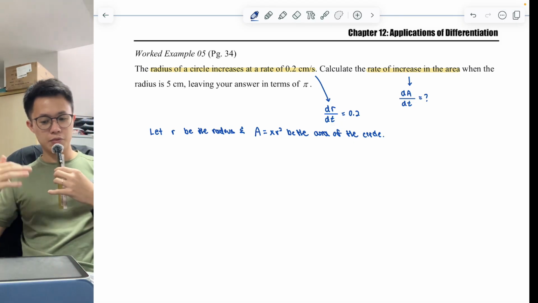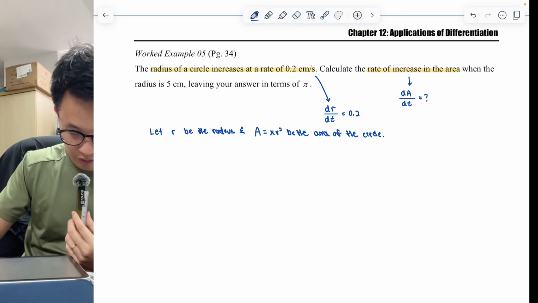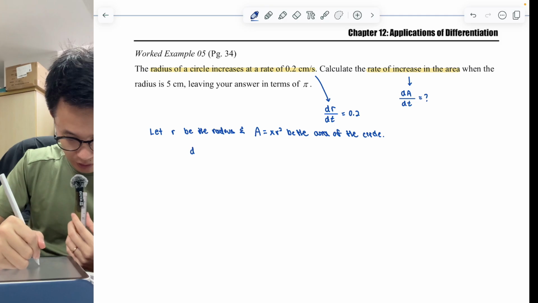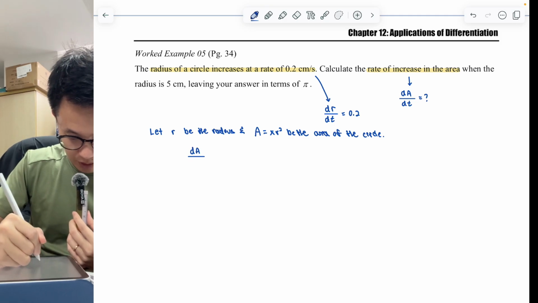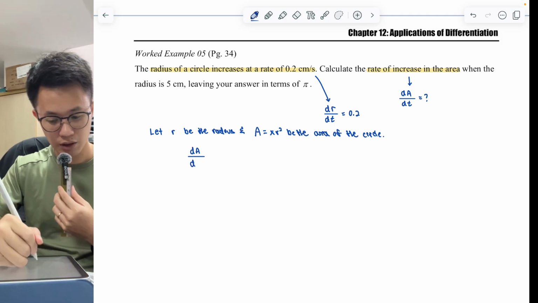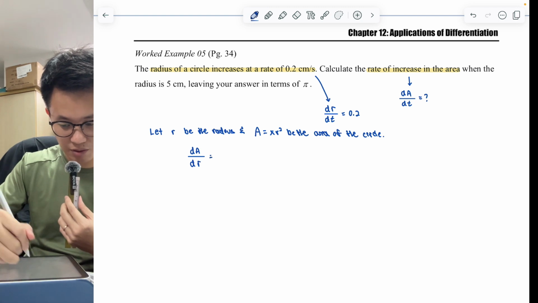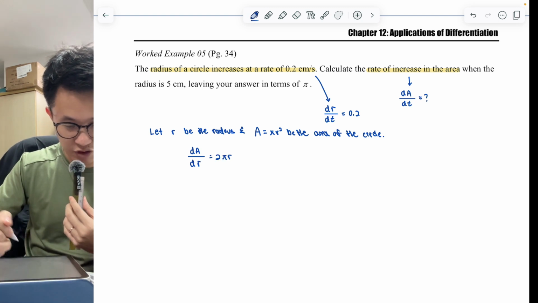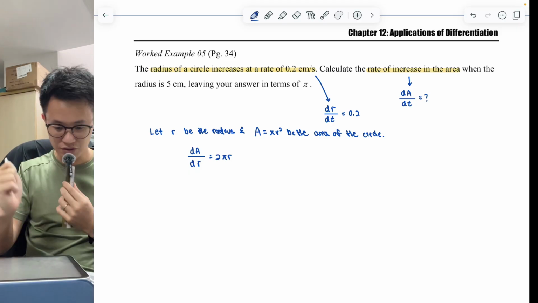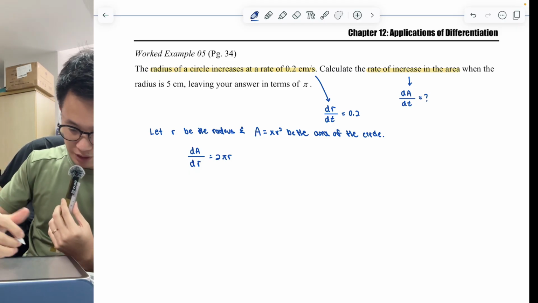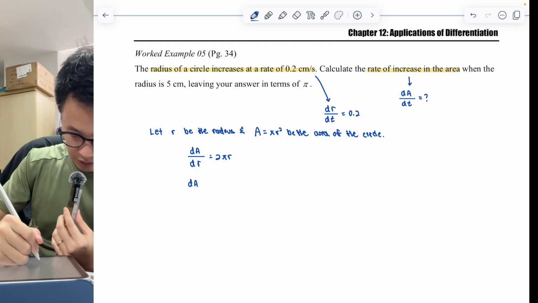Okay, so from here, what we're going to do is I want to find dA over dt. Okay, so but because I have A equals to pi r square, I can find dA over dr, which is simply 2 pi r. Interestingly, what is 2 pi r? It's your circumference.